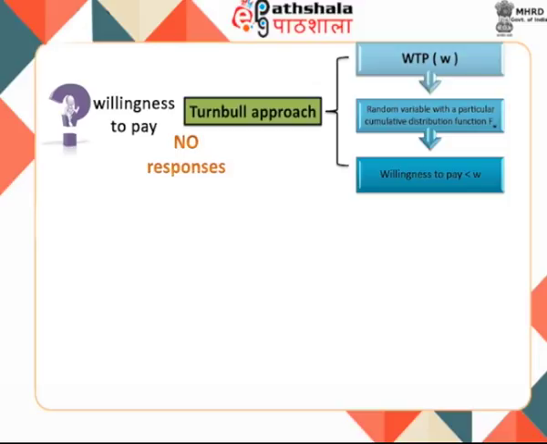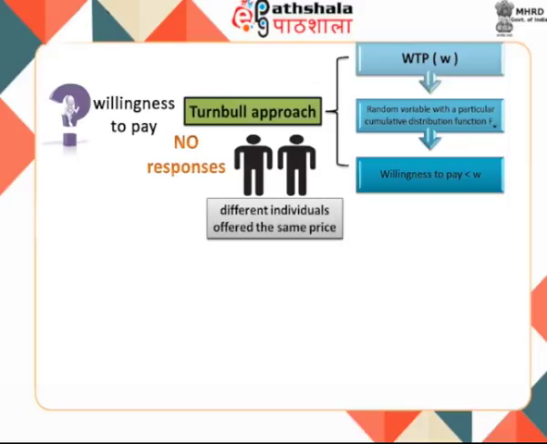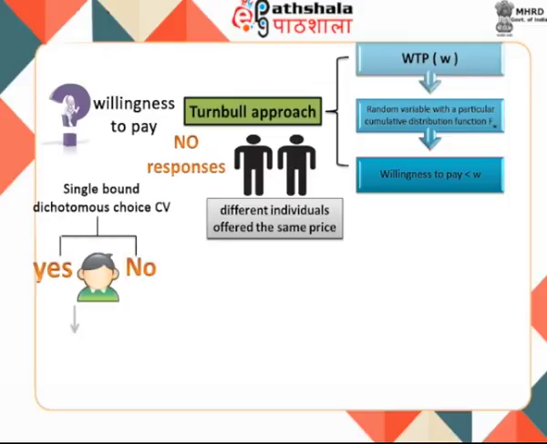No responses are then analyzed, and this probability is assumed to be the same for different individuals offered the same price. Single bound dichotomous choice CV questions used in this survey asked the respondents to say yes or no to a fixed amount, say T_j. If they said yes, then it implied that their WTP is greater than or equal to T_j.